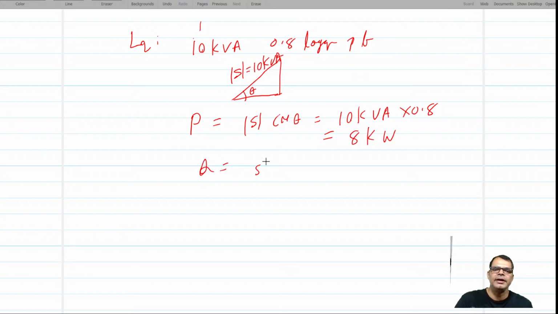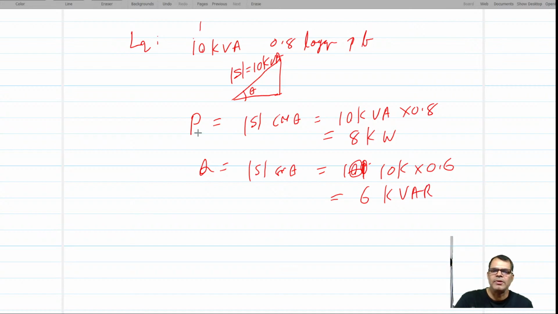Q will be S sin theta. Just now we have calculated sin theta, so 10 kVA into sin theta, which is 0.6, that is 6 kVAR, volt ampere reactive.